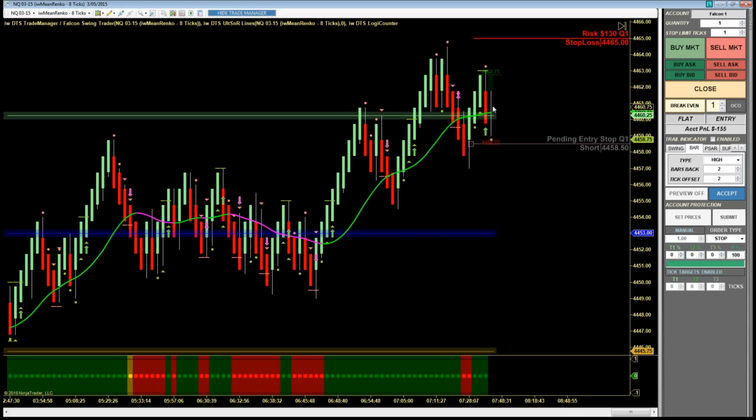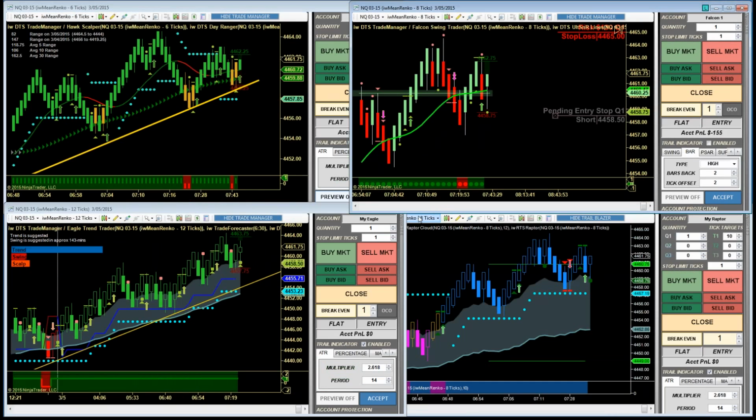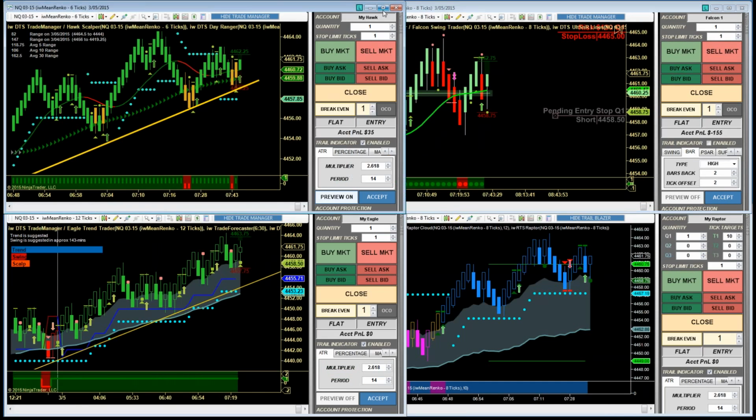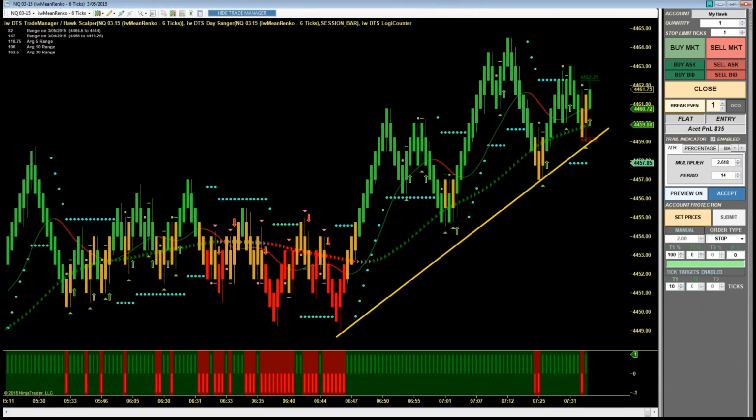It's right on the cusp. You see, one tick higher, we get a green warning dot. One tick lower, we get a red warning dot. Oh, look at that. They're bouncing off the trend line yet again.